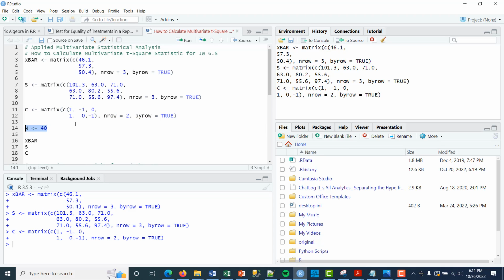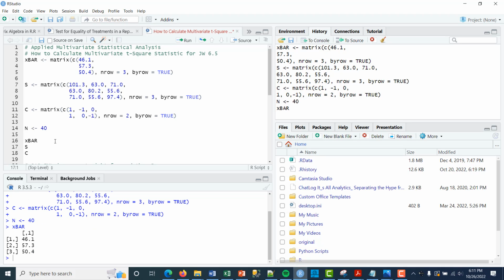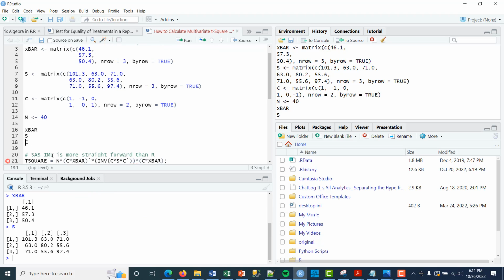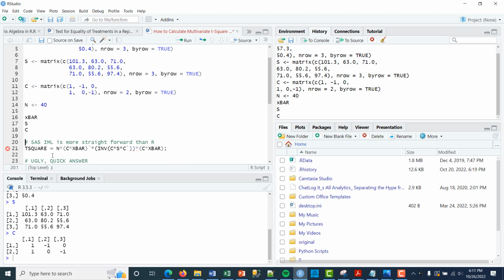I'm going to say that we had 40 individuals to construct this means replication. So that is in 40. Just to check things out, X bar, there it is, 46.1, 57.3 here in the lower panel. The covariance matrix right there, and then finally the contrast right there.